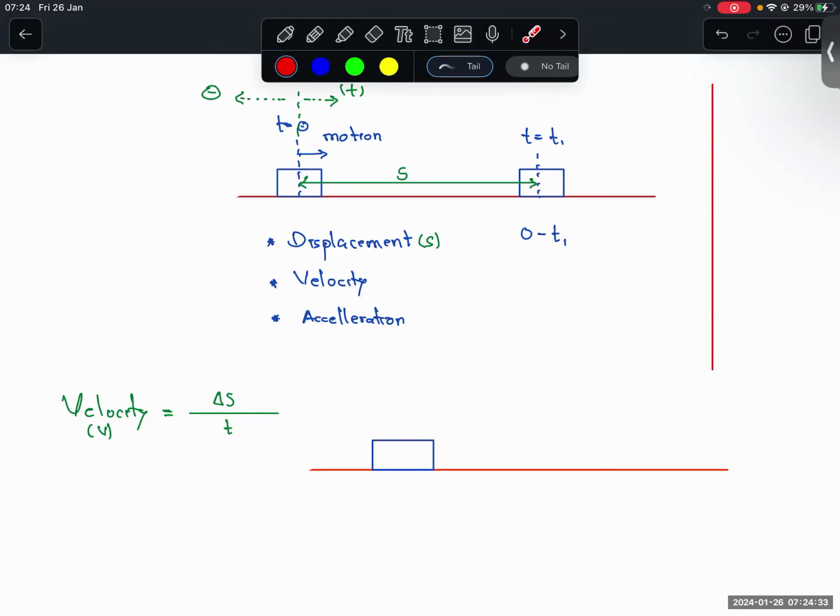You can change the direction if you want to. You can call this positive and this negative. So this is always about the direction of the motion, towards what? But displacement is about position, right side or left side. It can be moving in any direction.